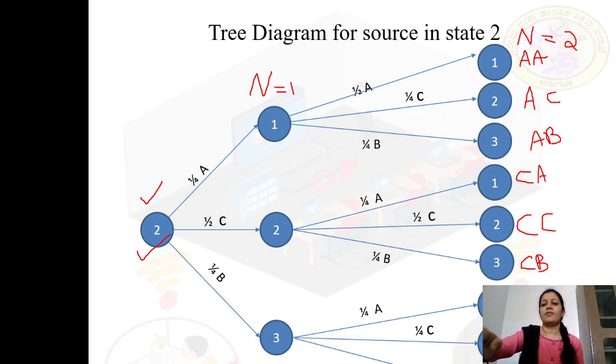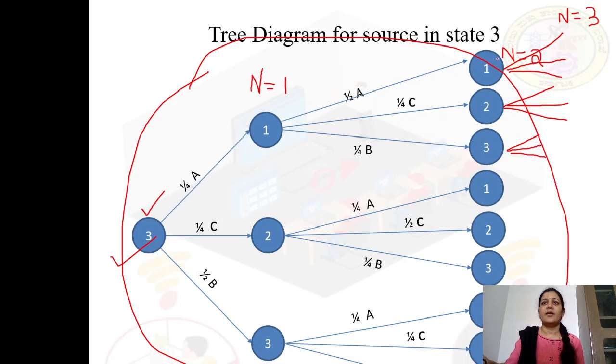Okay, similarly if I go ahead with the next slide, here it would be AA, okay, and it would be AC, it would be AB, and here it is CA, CC, CB, BA, right, then BC, and finally BB.